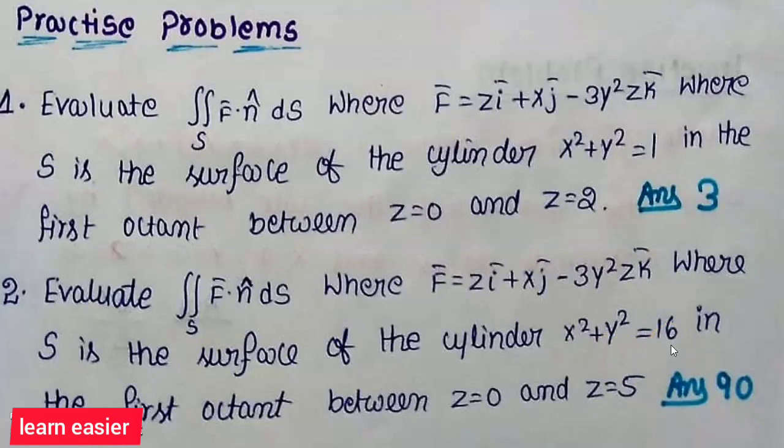The x limits are from x equal to 0 to 4, because if you substitute y equal to 0 here, then you get x square equal to 16, so x equals the square root of 16, which is 4. So we can take x limits from 0 to 4 and the z limits are z equal to 0 to 5, and then find the surface integral f bar dot n cap ds by taking the limits x and z.